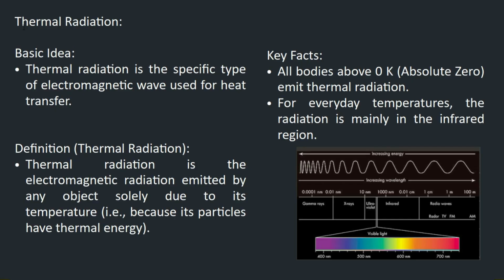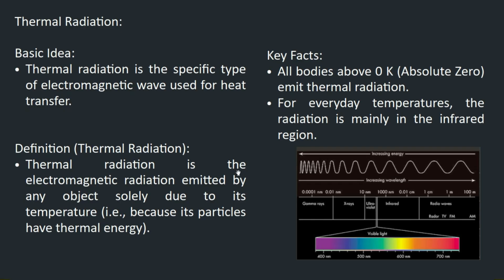So let's look into thermal radiation. That's what is there in the syllabus. Thermal radiation has the properties of radiation. It is a specific type of electromagnetic wave, a subset of electromagnetic waves used for heat transfer.